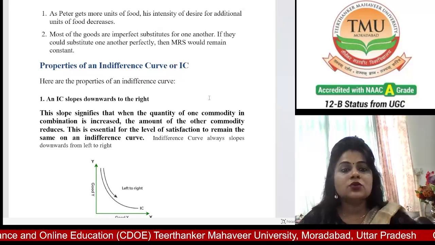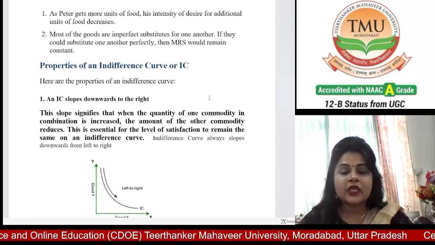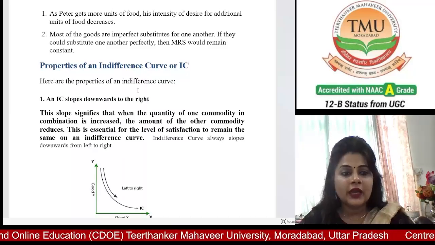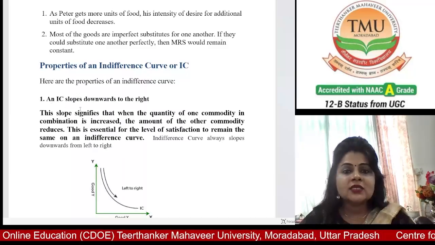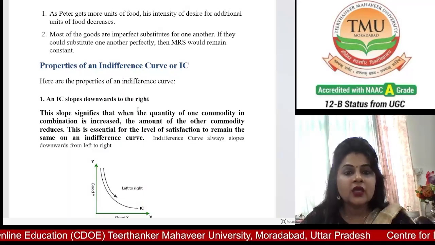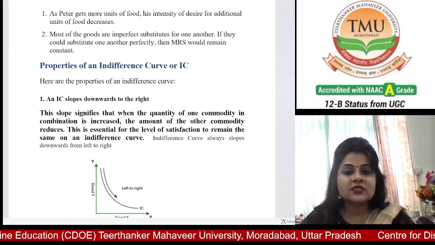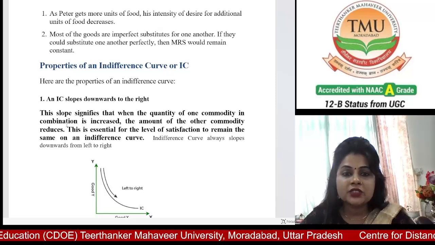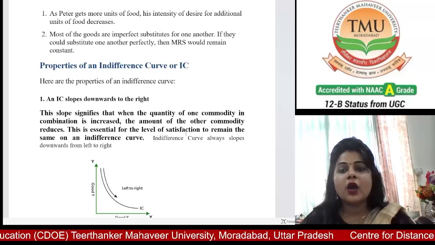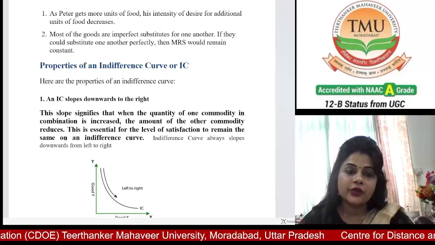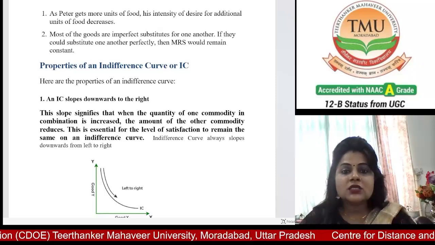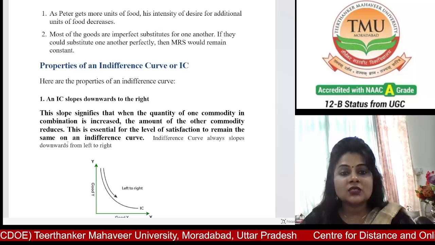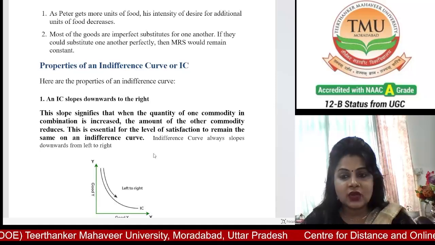Now we also explain the properties of an indifference curve. Here are the properties of an indifference curve. It slopes downwards to the right. This slope signifies that when the quantity of one commodity in the combination is increased, the amount of the other commodity reduces. This is essential for the level of satisfaction to remain the same on an indifference curve.